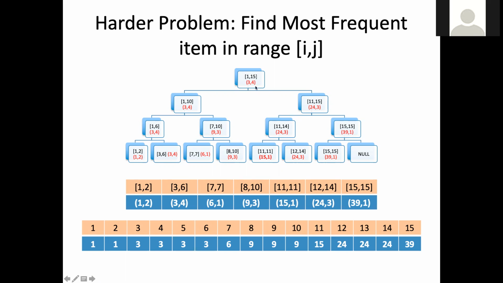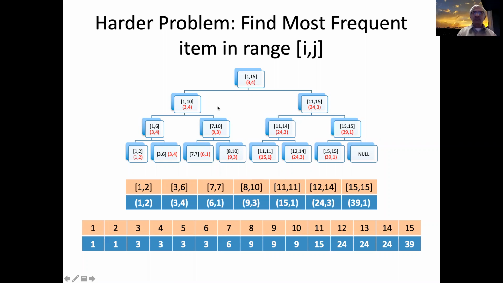Right. So now I have the same looking tree, except that now I can also store the index. By the way, I can store a whole bunch of different information. Here I'm storing that the whole array is 1 through 15, and I've broken it between 10 and 11.